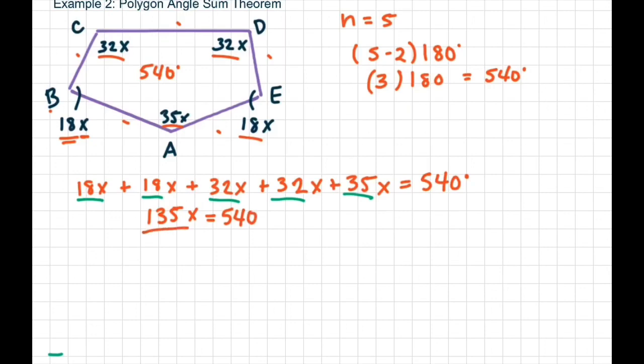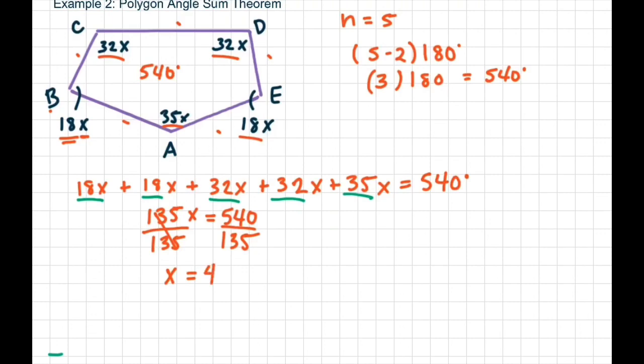So I'm just going to divide by 135 since 135 is being multiplied times x. So I'm going to do the opposite because I want x by itself. So this will cancel out. x will be left alone. And then I'll have 540 divided by 135 and x is 4.